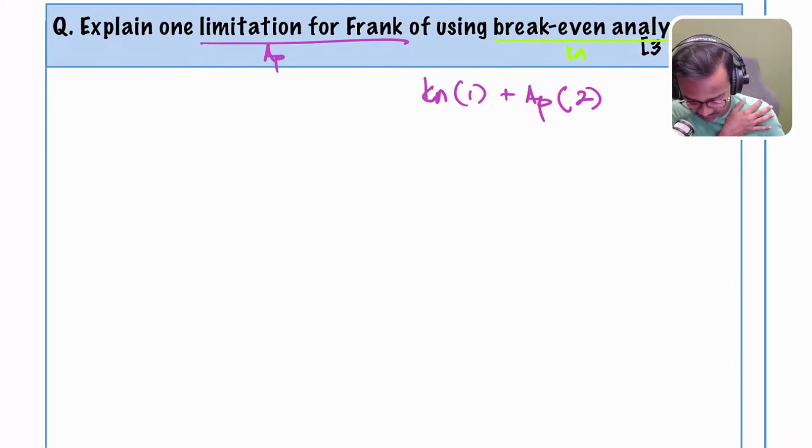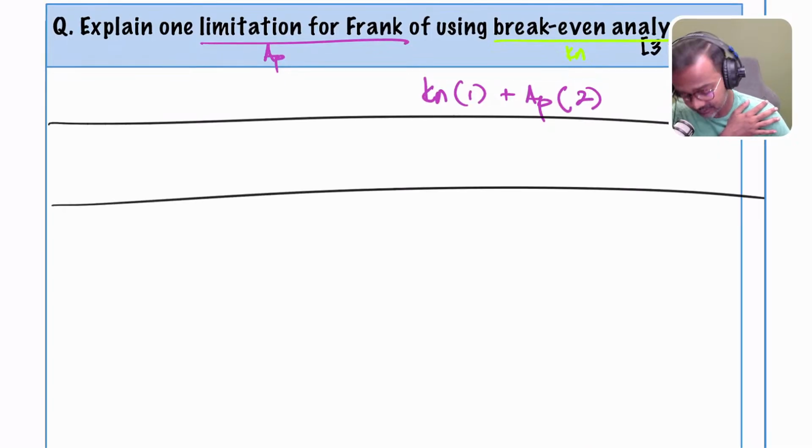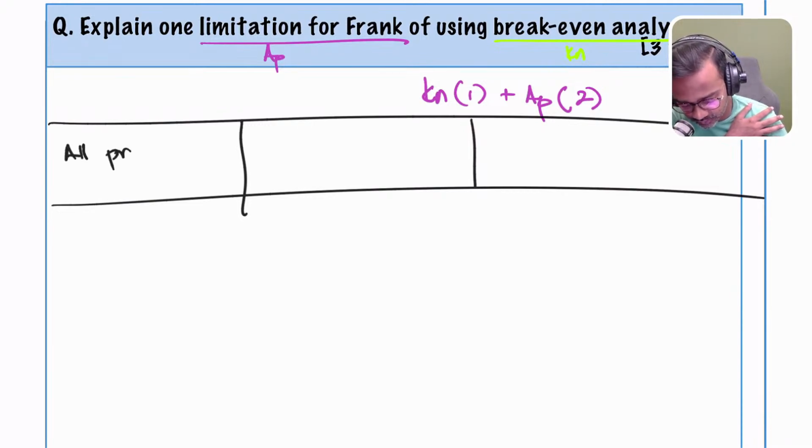Okay, now there are three things. Okay, this is just on a separate point, so I'll sort of write it like this. There are three things or three limitations of break-even analysis. Okay, I'm going to write them here. First, they're all assumptions, right? It assumes that all products are sold.